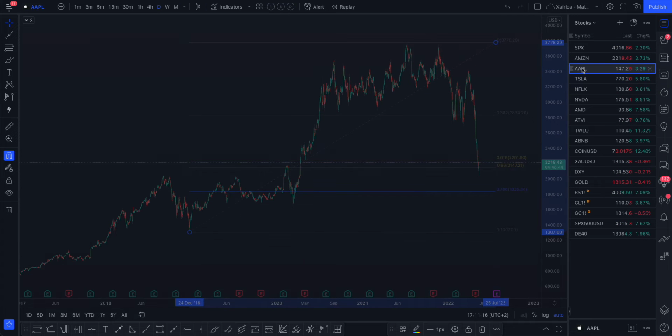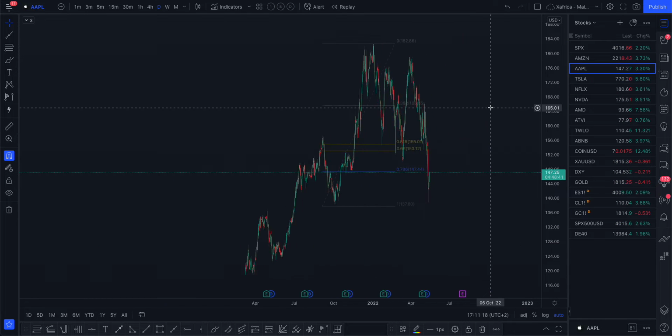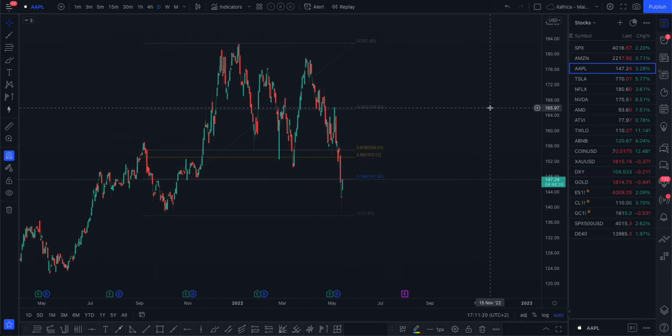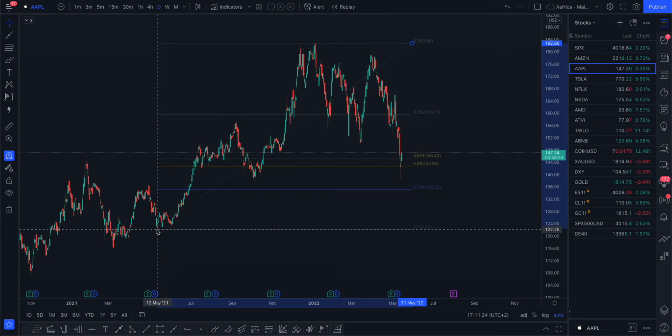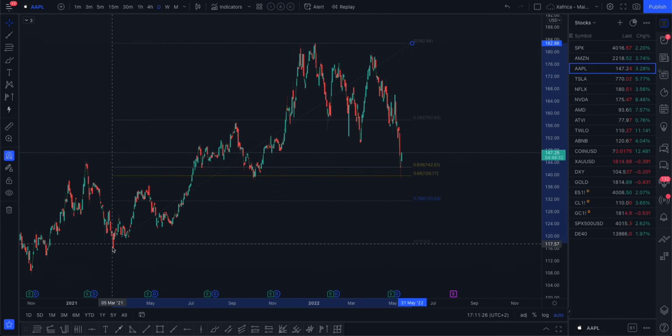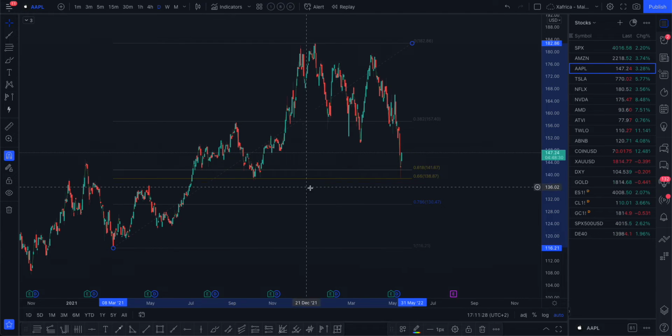Then Apple. I also haven't had a look at Apple for a long time, but there's the biggest pivot there, or even that one there. Yeah, that's probably the bigger one. Perfect respect. So there's news and things going on in the markets, but it always sticks to the levels.